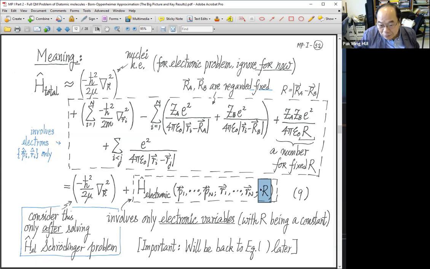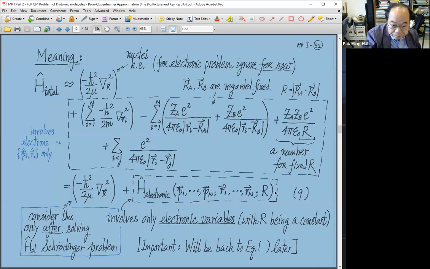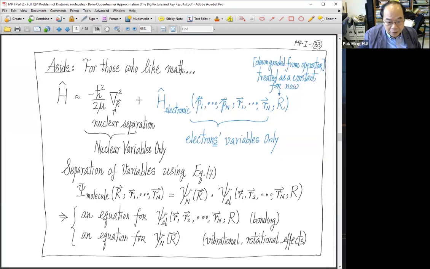I try another distance R2, then it is another Schrödinger problem. So this is what I discussed. I labeled an R here.